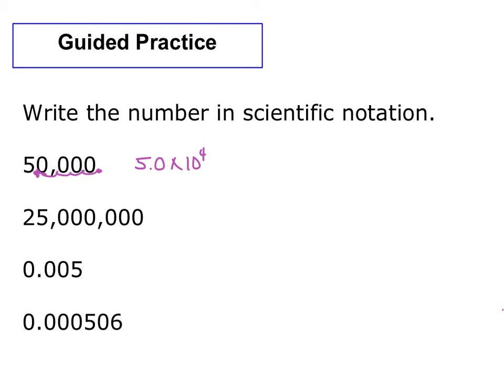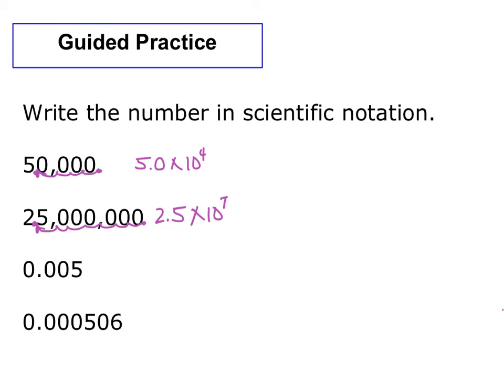For 25 million, I'm going to put my decimal point between the 2 and the 5. So I have a factor of 2.5 times 10 to the power of. I put my decimal point after the last zero, and I count 1, 2, 3, 4, 5, 6, 7. So I have 2.5 times 10 to the 7th power.